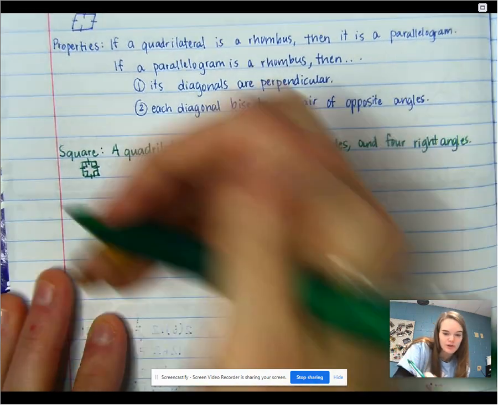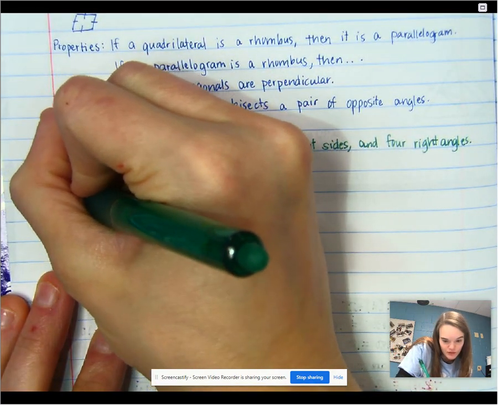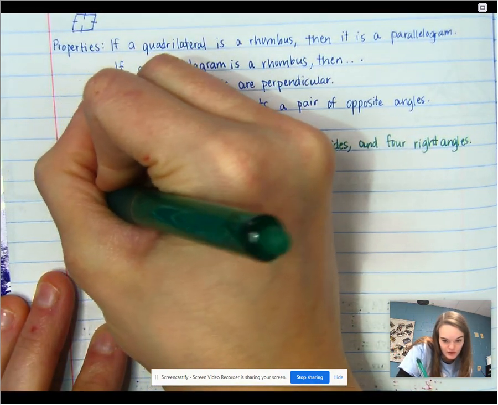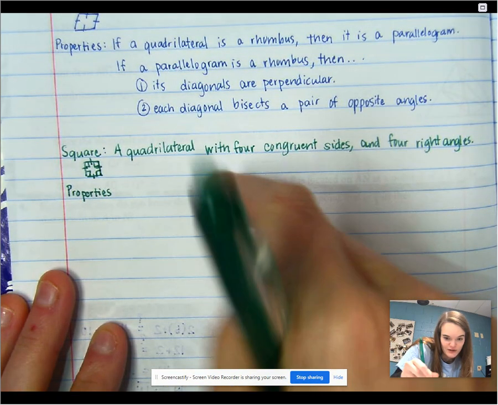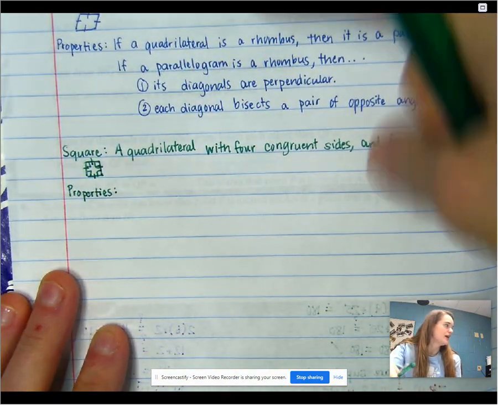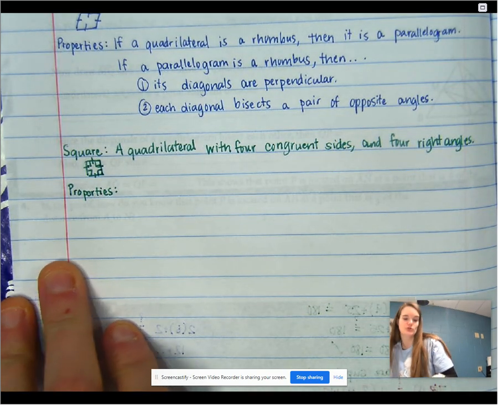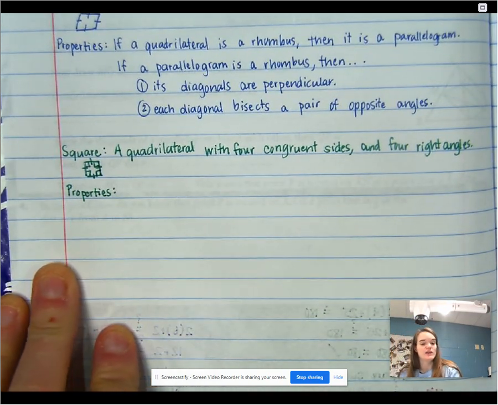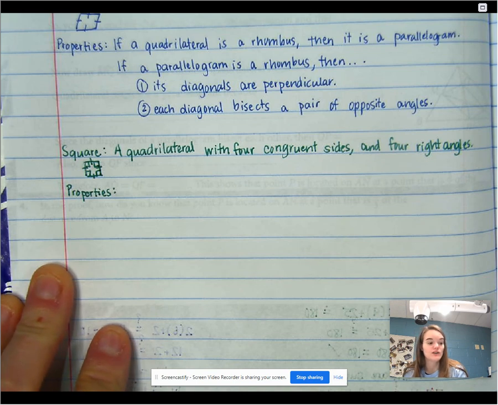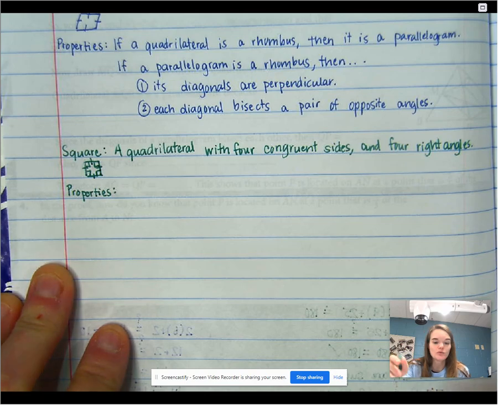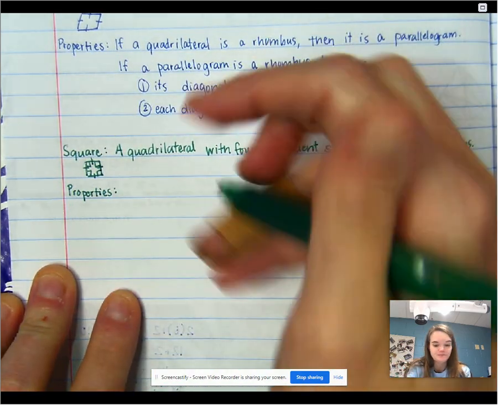And let's list the properties. Now, since a square, by definition, is a rectangle and a rhombus, every single thing that's true for a rectangle is true for a square. Every single thing that's true for a rhombus is true for a square. Which means, no, I'm not going to list all these out. We're going to write in this form right here.